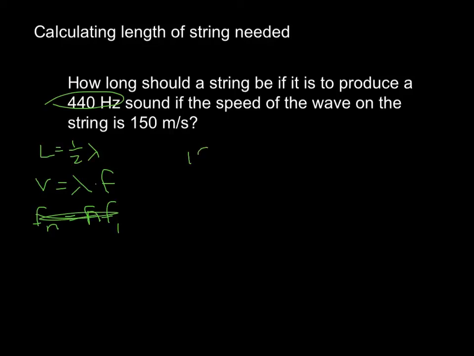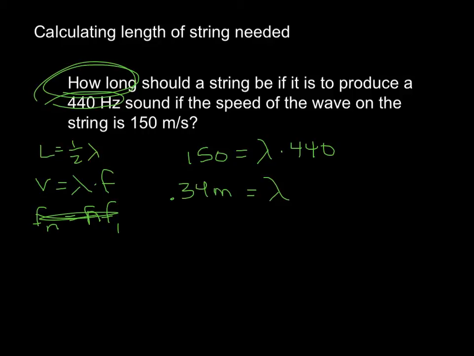But 150 is our velocity. So we're kind of working backwards now because now we want to know how long the string is going to be. We're not looking for the frequency. We know the frequency now. 150 is equal to the wavelength times our frequency, 440. So now we find our wavelength is equal to 0.34 meters.